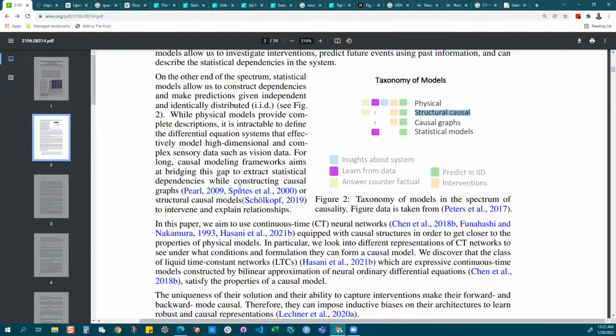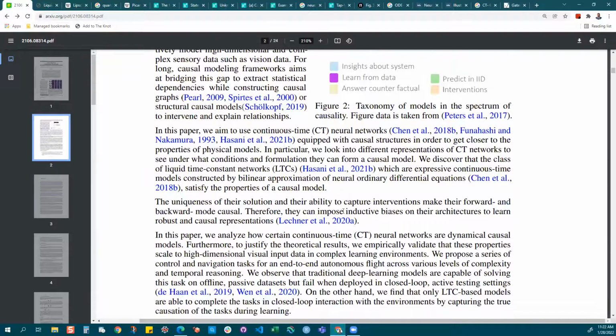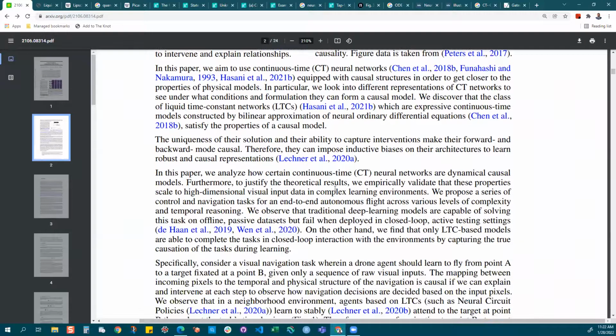So they use what is available to them in structural causal models to apply that in a neural network context, and then they perform experiments and show results consequently.